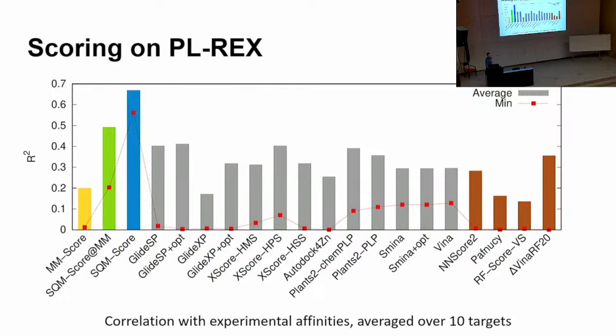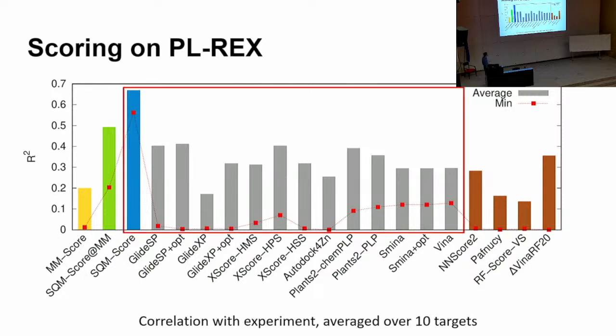What you can see when we compare our SQM score, in blue, with the standard scoring functions in gray, is that we are better. That's reassuring. We are happy about that. But it should be like that, obviously.